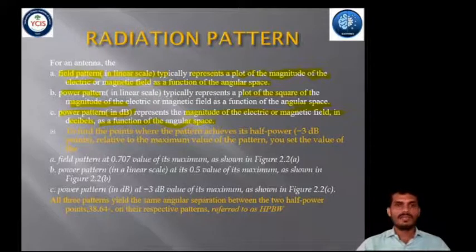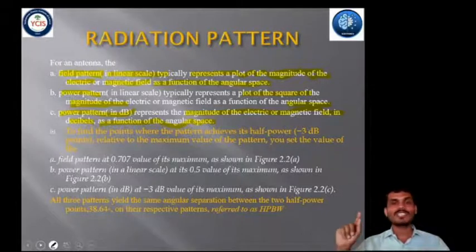Now, to find the point where the pattern achieves its half power, meaning the minus 3 dB point, relative to the maximum value of the pattern, you set the value of the field pattern at 0.707 of its maximum.